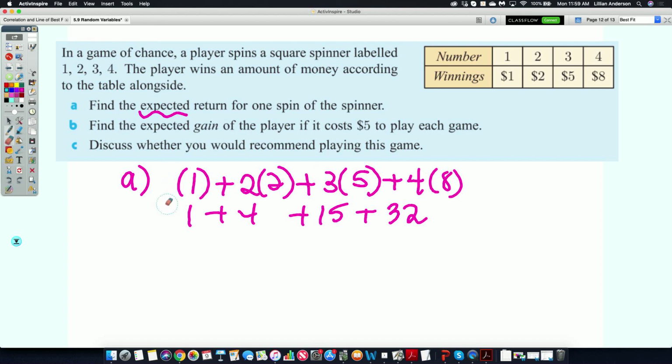Let's erase all of these. Since we do not know each of the spinner's probabilities, we are going to have to go under the assumption that each one is equally likely. So, what are their probabilities?